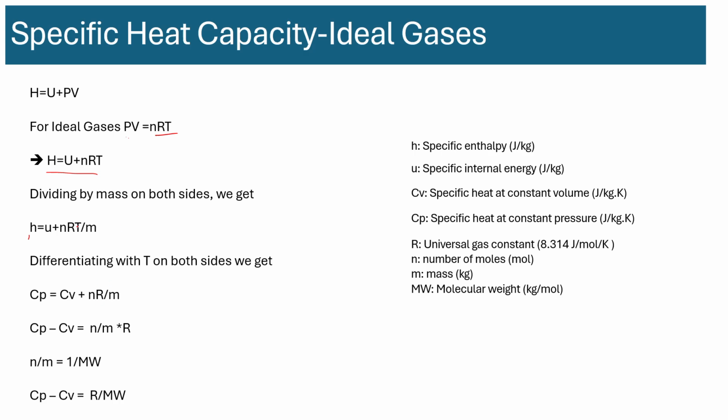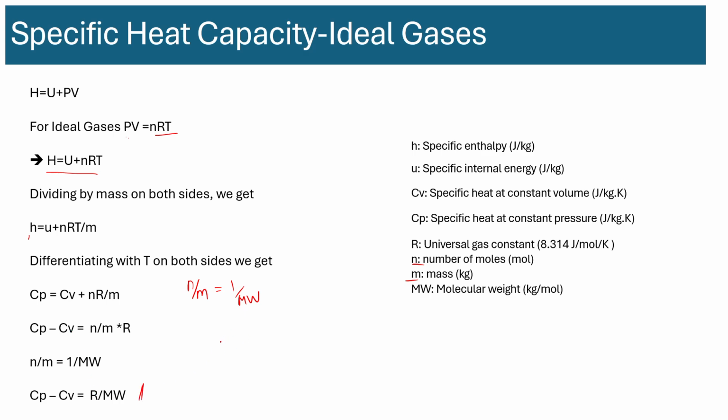Then you differentiate this with temperature, the temperature is gone, and you have nR over M. N over M, where N is number of moles and M is the mass, gives you 1 over molecular weight. Okay, so Cp minus Cv is R divided by molecular weight.